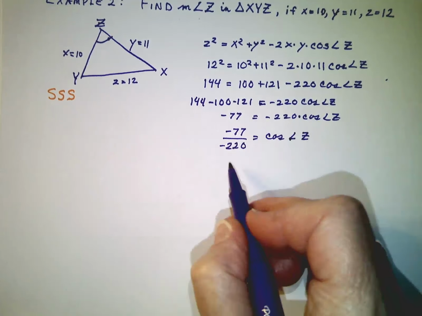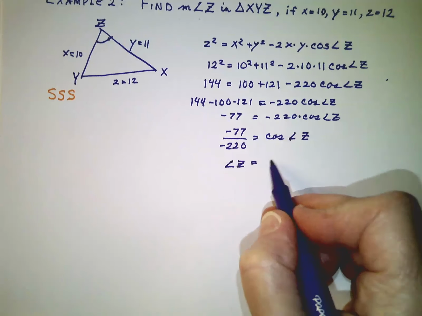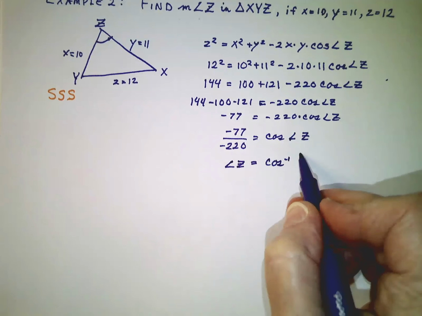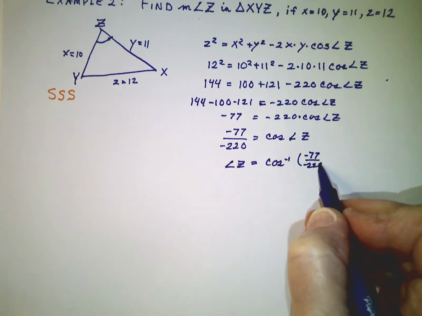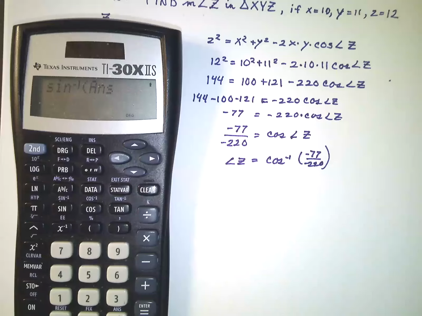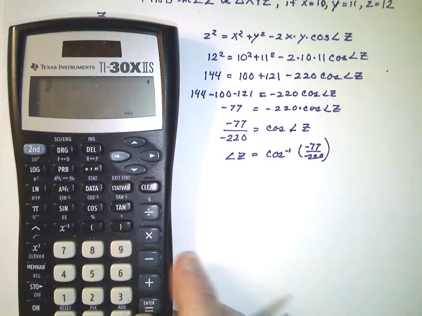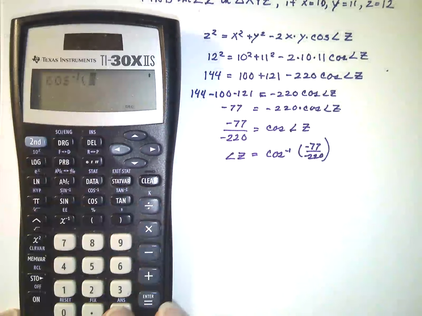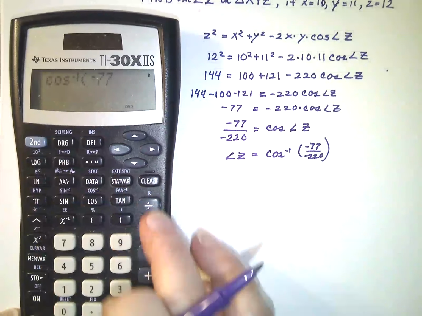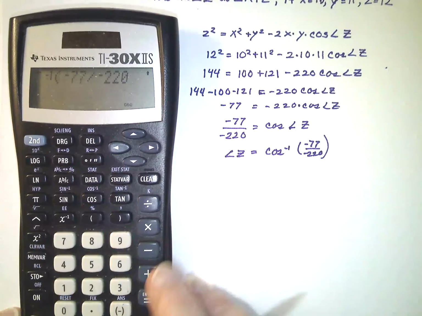And then to find out who angle Z is, we could take the inverse cosine of negative 77 divided by negative 220. Let me clear out the last stuff. So second cosine, negative 77 divided by negative 220.